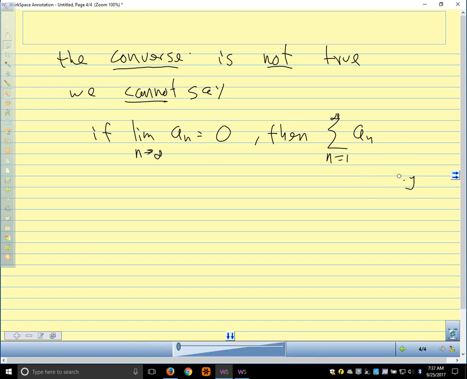We cannot argue the converse. And we'll get to what we can say in just a second. So we cannot say this: if the limit of a sub n is 0, then the series converges.